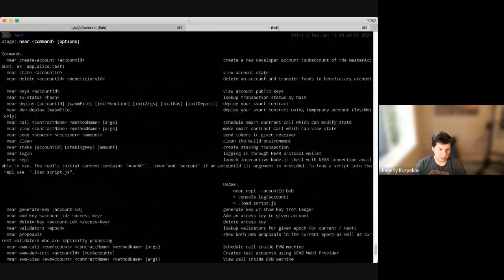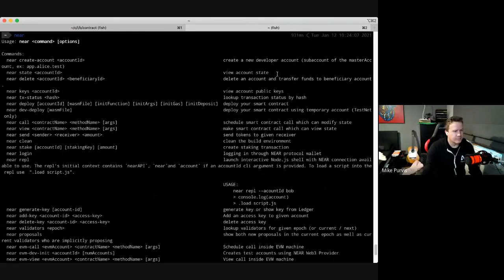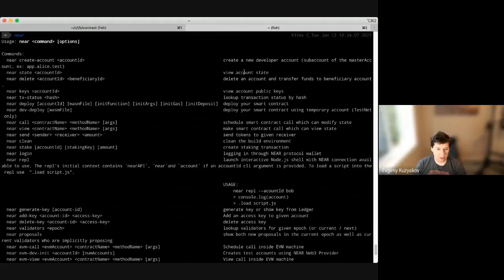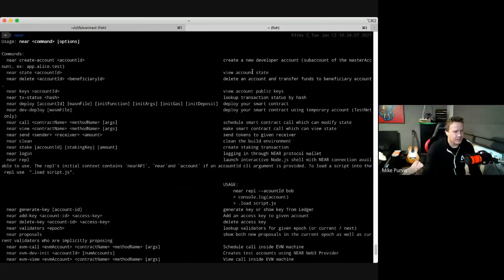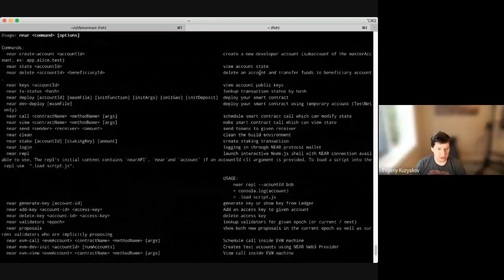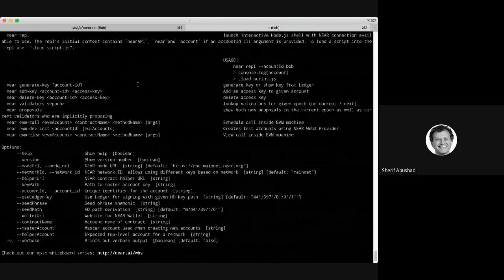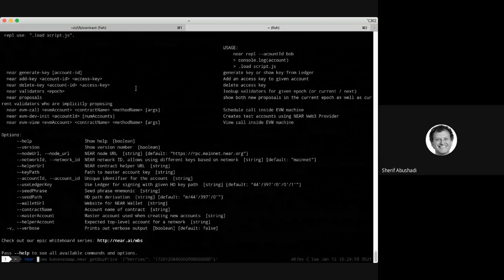Josh, do you know this one? Viewing state on AssemblyScript, maybe not with near CLI. Is there a view state? No, there's no near CLI way to do that. There's an RPC call and there are some account utils in the near examples. Those are the two.